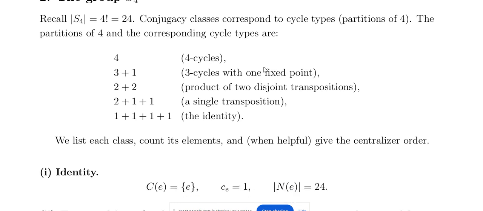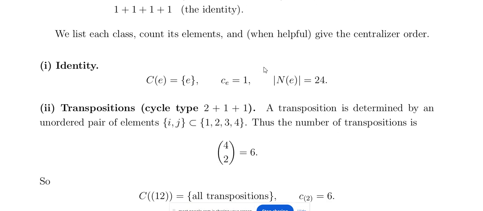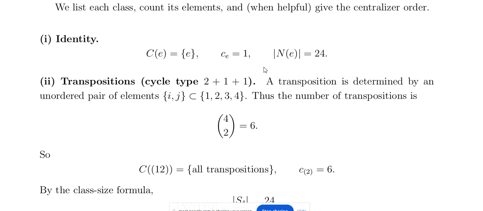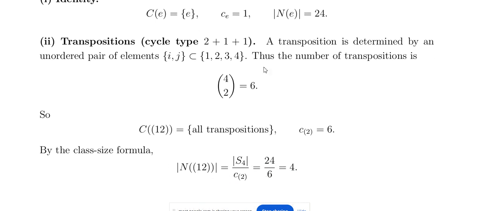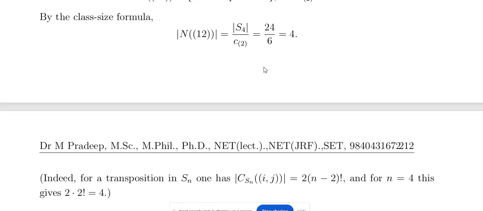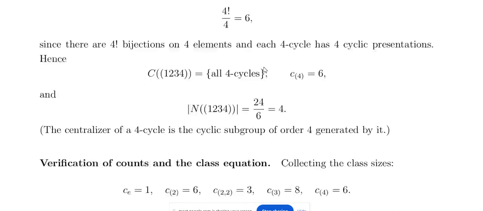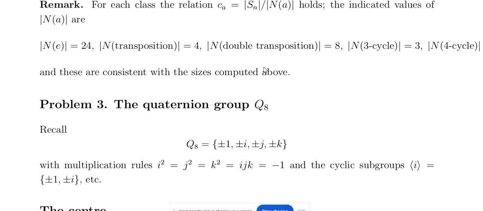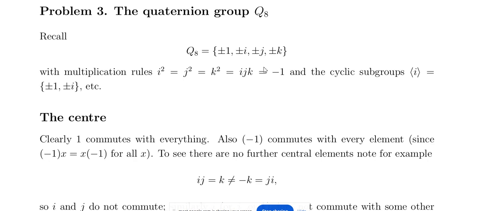Now the quaternion group, Q8, is plus or minus 1, plus or minus i, plus or minus j, plus or minus k, where i square, j square, k square, ijk equal to minus 1, and the cyclic group is generated by i and plus or minus 1 and plus or minus i, etc.